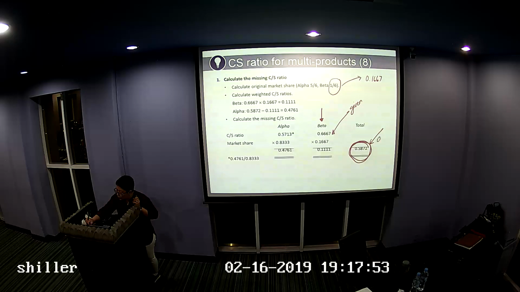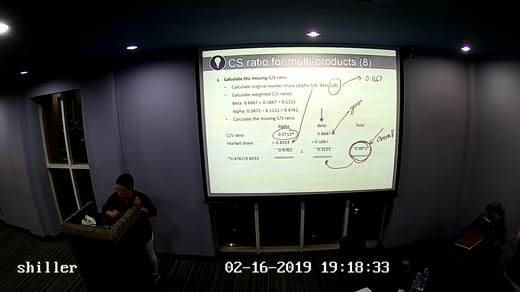What is this one here? This is your overall, correct? Now, out of the overall, this belongs to beta, which means the rest of that belongs to alpha. What is the market share? Is that correct? Yes. So what is the CS ratio of alpha? You work that out. You understand? You work it back.